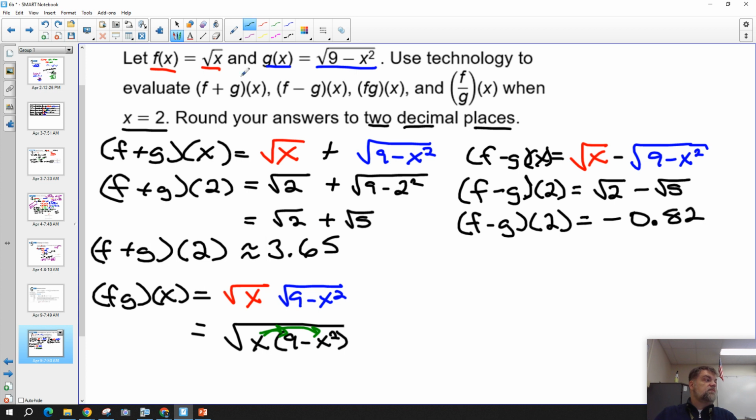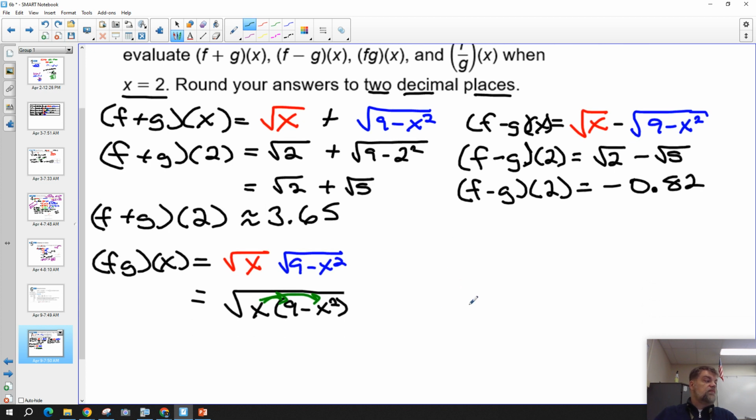Okay? So then I have 9x minus x squared. Now you might think to yourself, well, I can factor or do something, but no, just leave it like that.